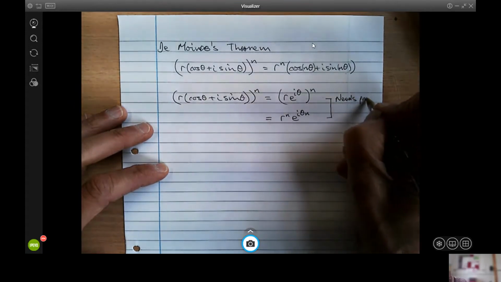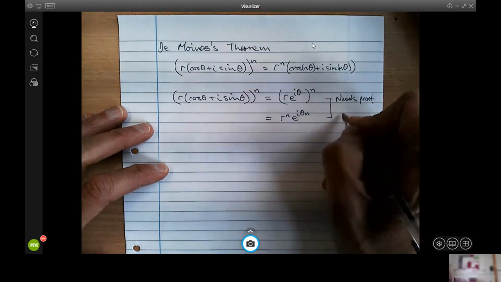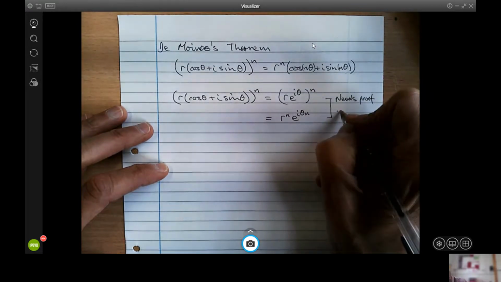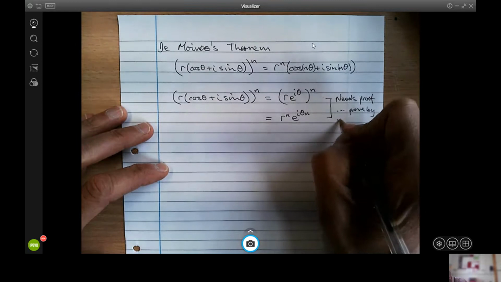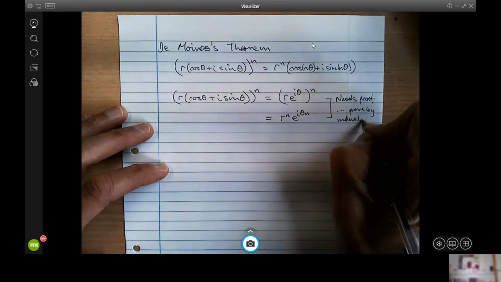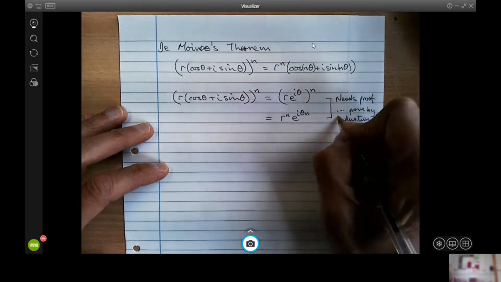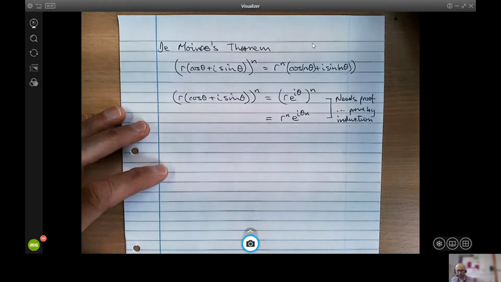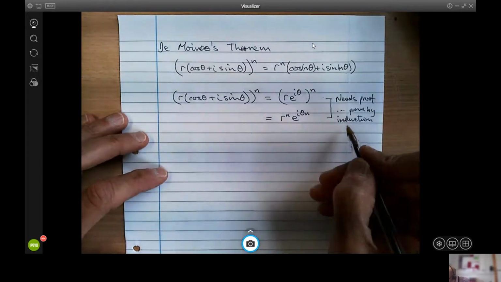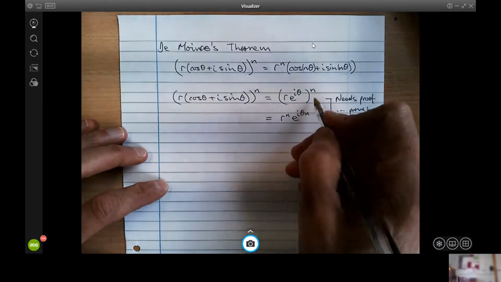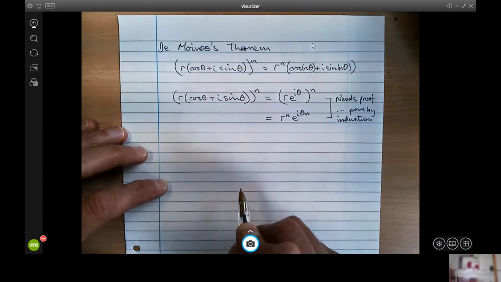And you can prove it by induction. It would be a very useful revision and practice of your proof by induction to go and prove that this is equal to this.